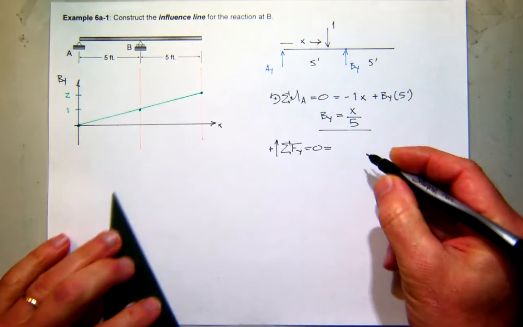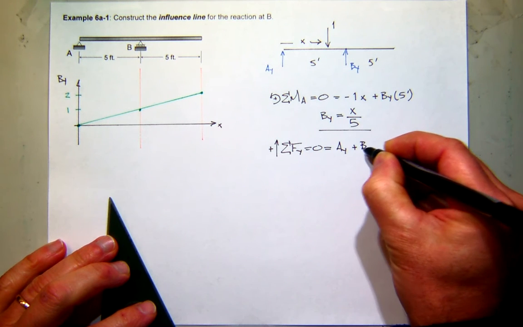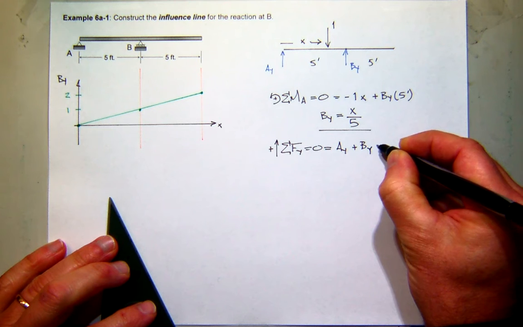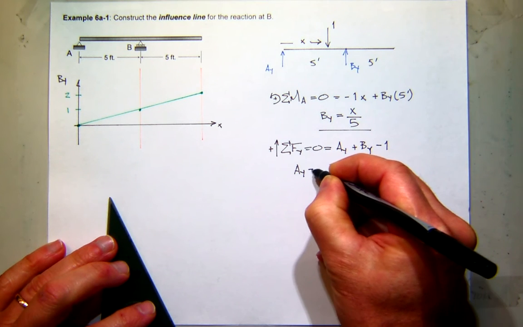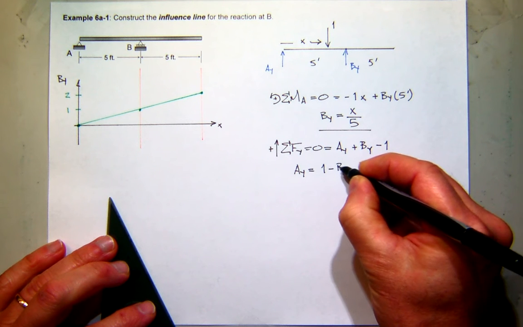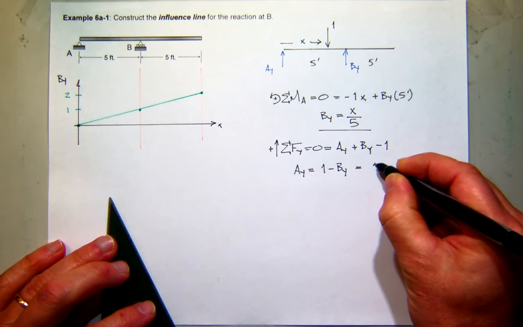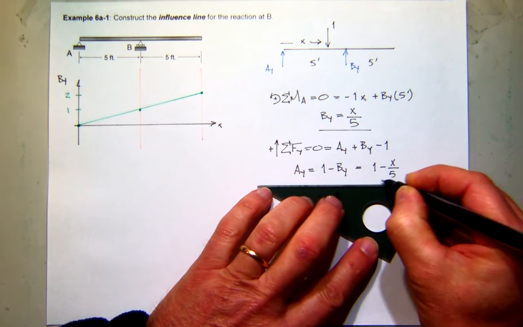So what does my equilibrium equation say? It says that AY acting up plus BY acting up and then minus 1. So what is AY equal to? It is equal to 1 minus BY, which is equal to 1 minus x over 5.